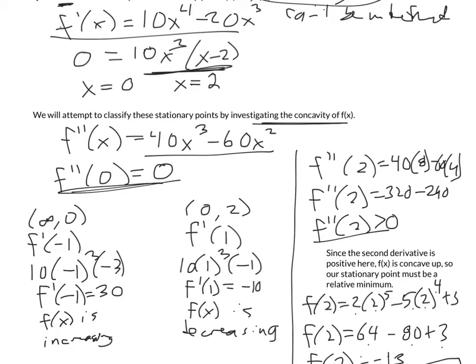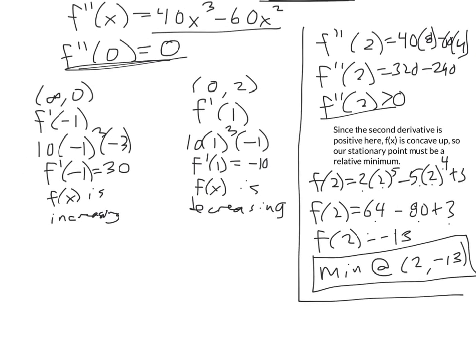Okay? And so now that I know that, now that I can see that my function is changing from increasing to decreasing, what can we tell is happening at 0? Therefore, at x equals 0, f of x has a maximum. Okay?